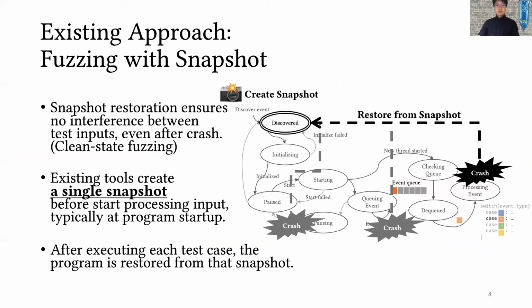An existing approach to address this problem is to use snapshot techniques. Snapshot techniques allow clean state fuzzing where no residual state transfers between test case executions, even after a test case causes a system crash. Existing tools typically create a single snapshot at program startup, and a system crash can be recovered relatively quickly by restoring to that snapshot after each test case execution.